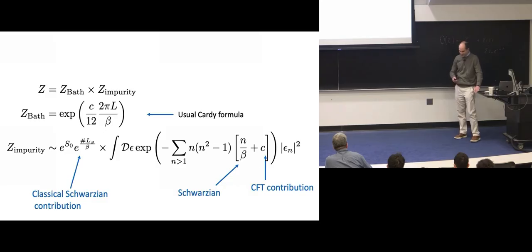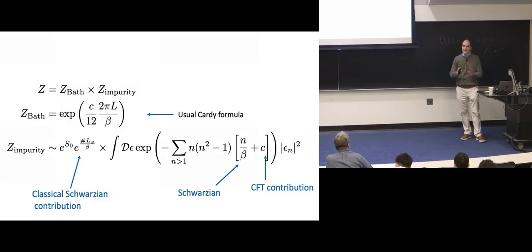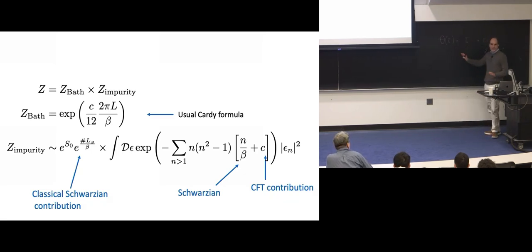I'll explain in a second how we get it. Now, first, there is a familiar piece, which is all these factors of n and this prefactor. That comes from the Schwarzian action. It simply comes from taking this expression, inserting it in the action we discussed previously, and expanding to quadratic order. You get this answer.